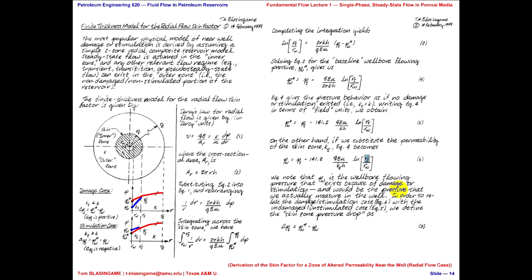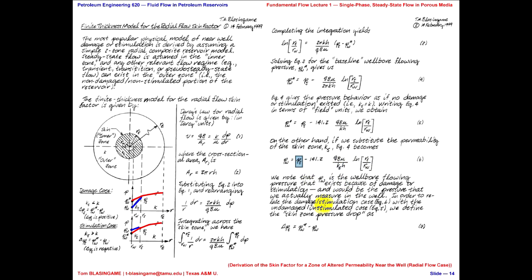What's the farthest you think that filtrate can invade? Just off the top of your head. A couple of feet, probably less. But it can be really, really nasty. It can damage very, very heavily. So R sub S, I guess you could just say give it a maximum of 2 feet or something like that. But then you've got to know the permeability. Uh-oh, that's the whole point of doing this exercise.